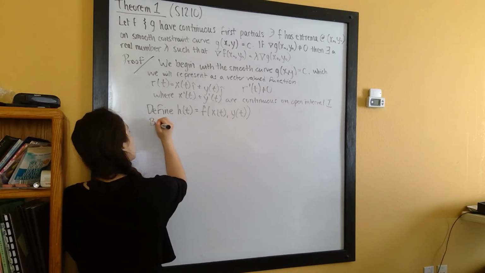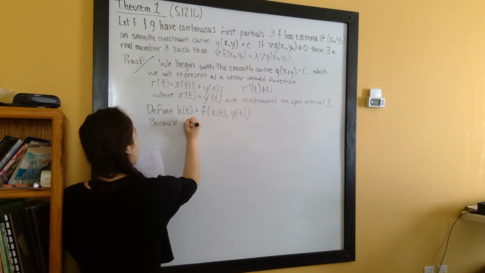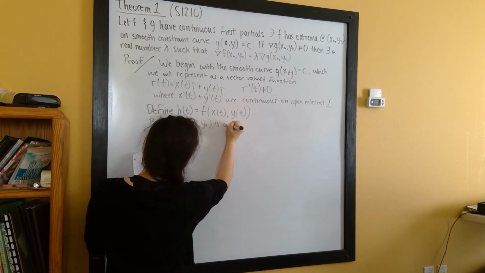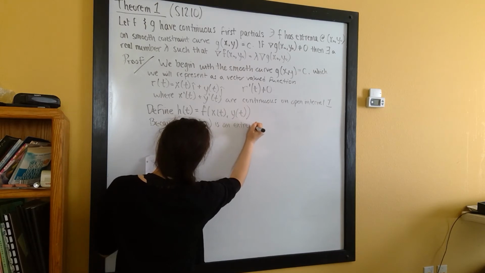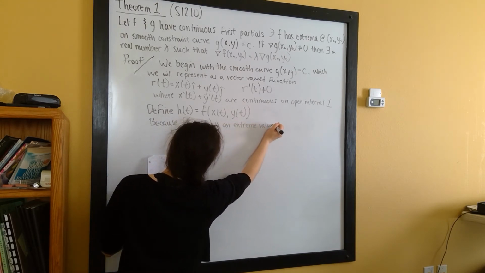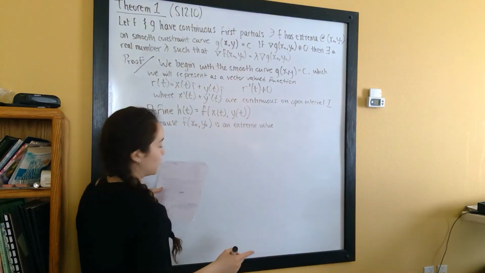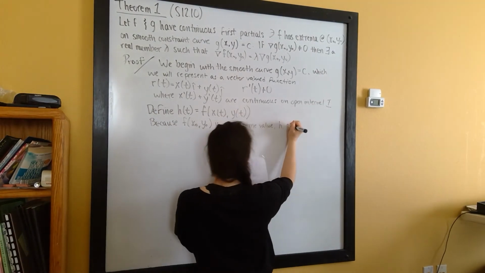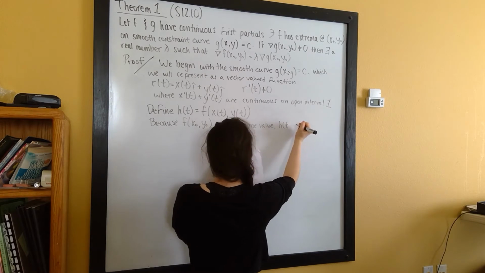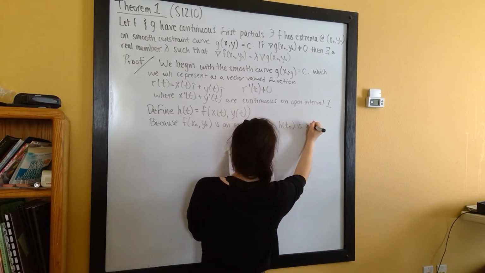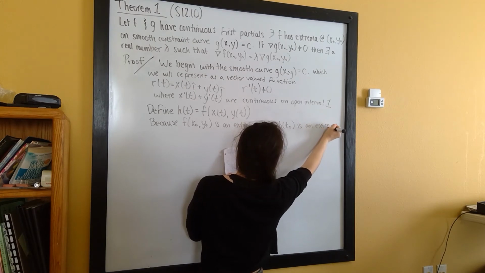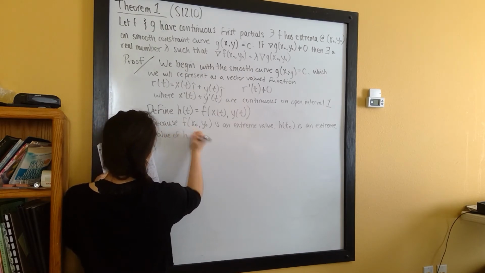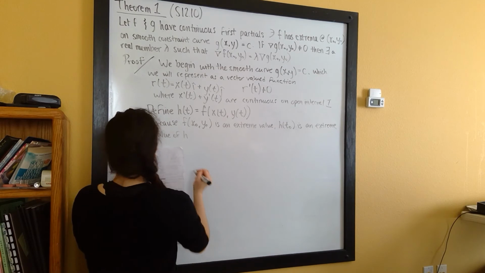Define h of t to equal f of x of t, y of t. So because f of x naught, y naught is an extreme value, and that's just part of the conditions in order to be able to use this theorem, then h of t naught is an extreme value of h.